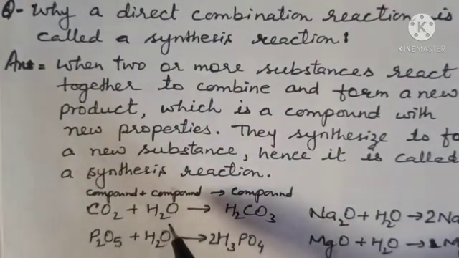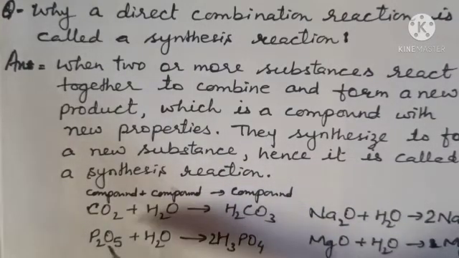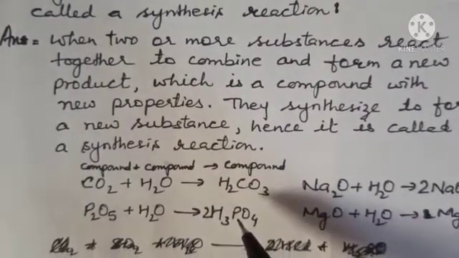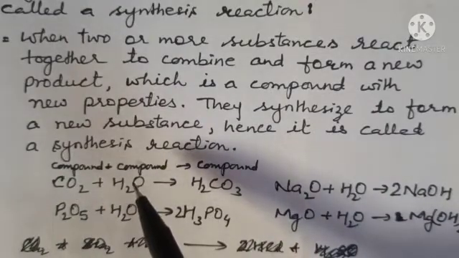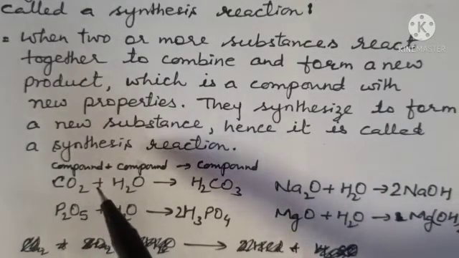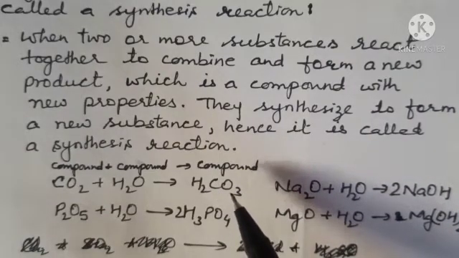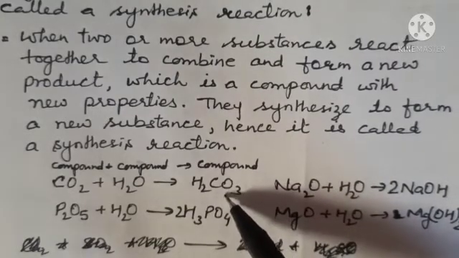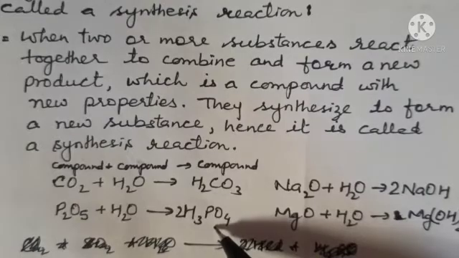Now, other examples of synthesis reactions or direct combination reactions: look here, carbon dioxide when it reacts with water gives carbonic acid. Phosphorus pentoxide when it reacts with water forms phosphoric acid. Here both are compounds. They combine together and synthesize a new compound, that is carbonic acid in the first case and phosphoric acid in the second.